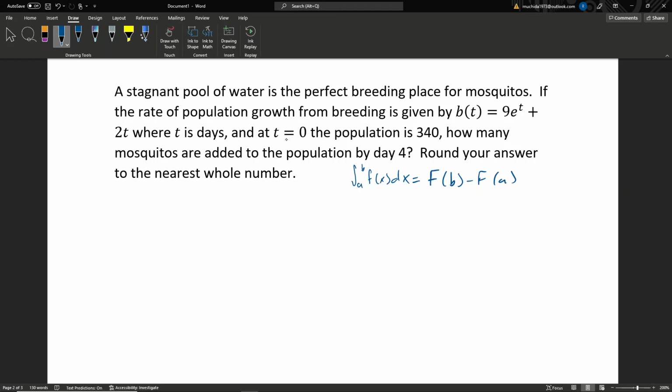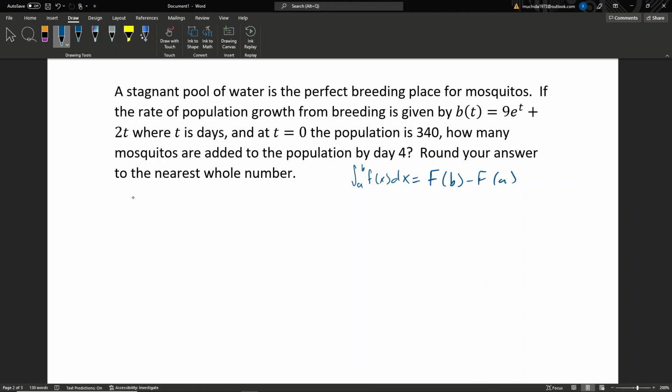So that would be the same thing as what we were just talking about: finding the antiderivative and then subtracting the population on day 4 minus the population on day 0. So we could just do it using the definite integral.